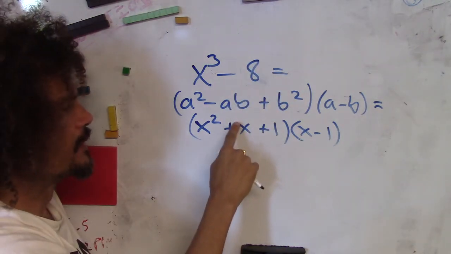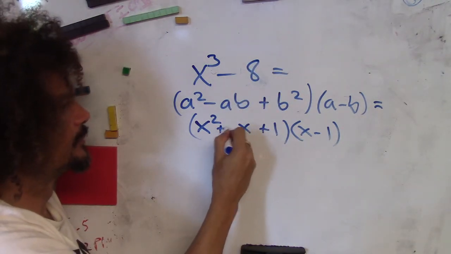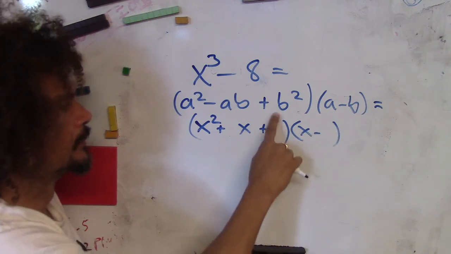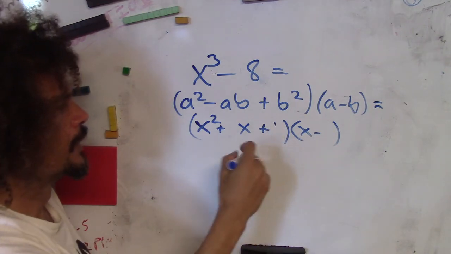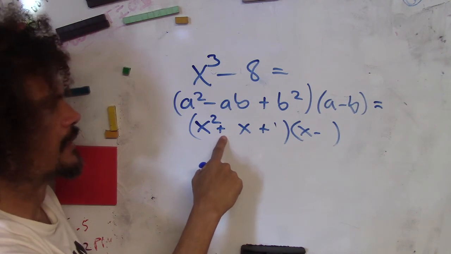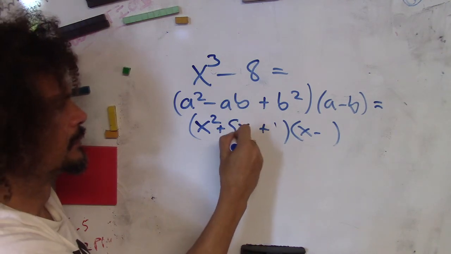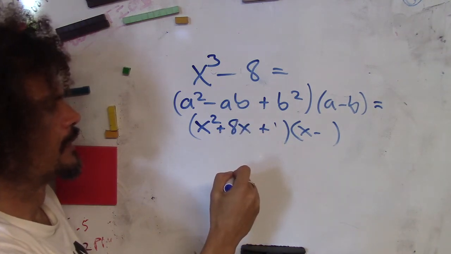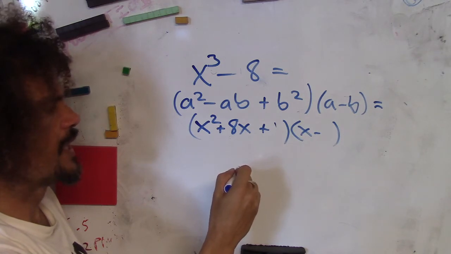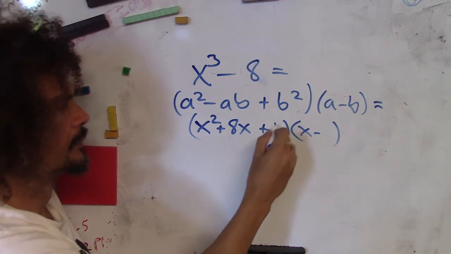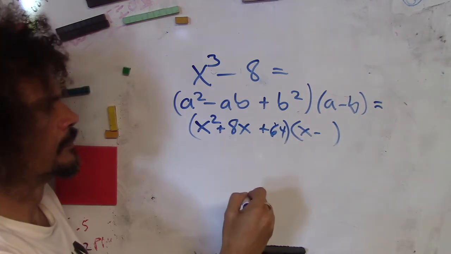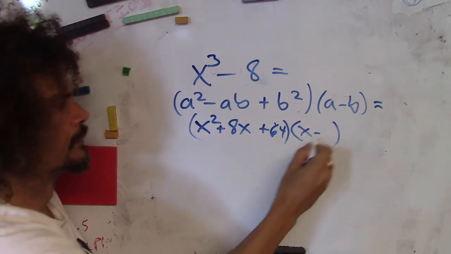So that was 1. What's it going to be with 8? x squared plus 8x plus 64, x minus 8. Are you sure? Plus what? 64. Mm-hmm. x minus 8.